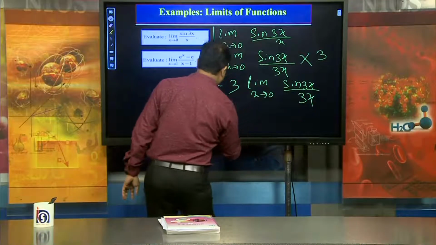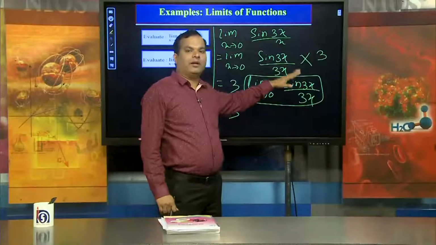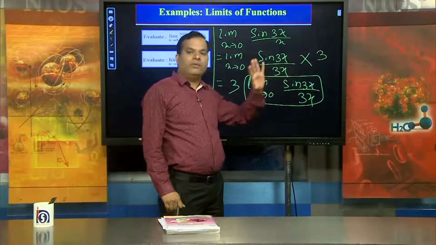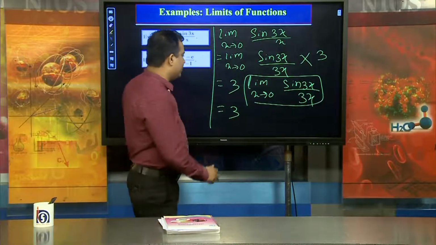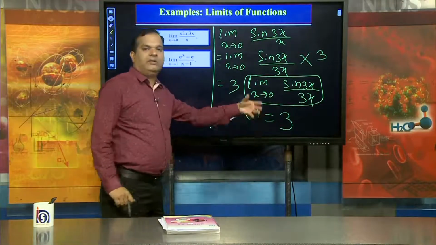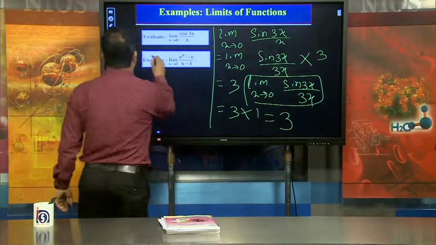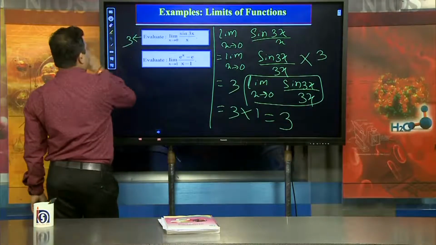This value becomes 1, because limit x tends to 0, sin x by x is 1, sin 5x by 5x is also 1, sin 3x by 3x is also 1, sin 7x by 7x is also 1. So 3 multiplied by 1 means the value equals 3.